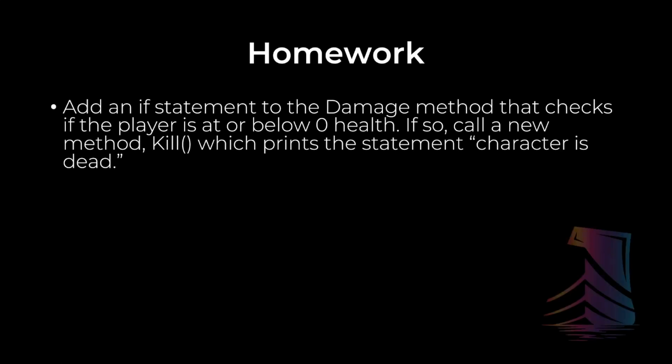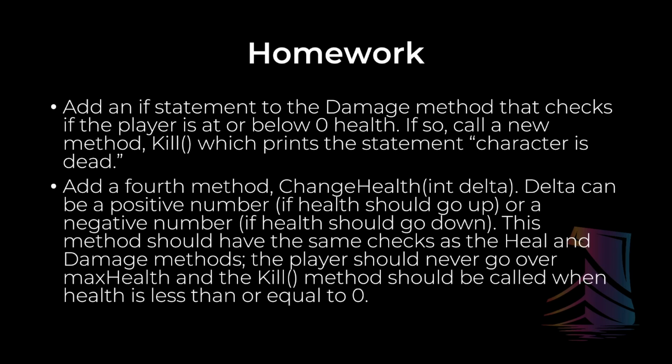Add an if statement to the damage method that checks if the player is at or below 0 health. If so, call a new method, kill, which prints the statement character is dead. Add a fourth method, change health, that takes an integer argument called delta. Delta can be a positive number if health should go up, or a negative number if health should go down.